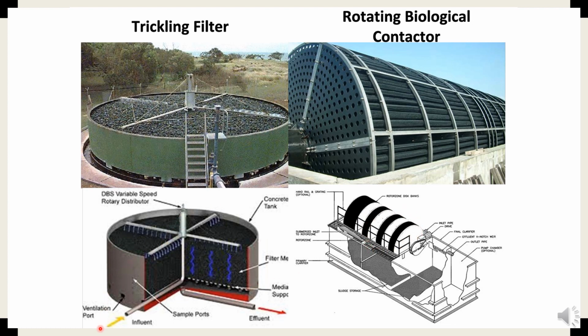In the trickling filter, wastewater is distributed from the top and passes through the media, and it can be treated, and effluent goes to the bottom and comes out from the effluent pipe.